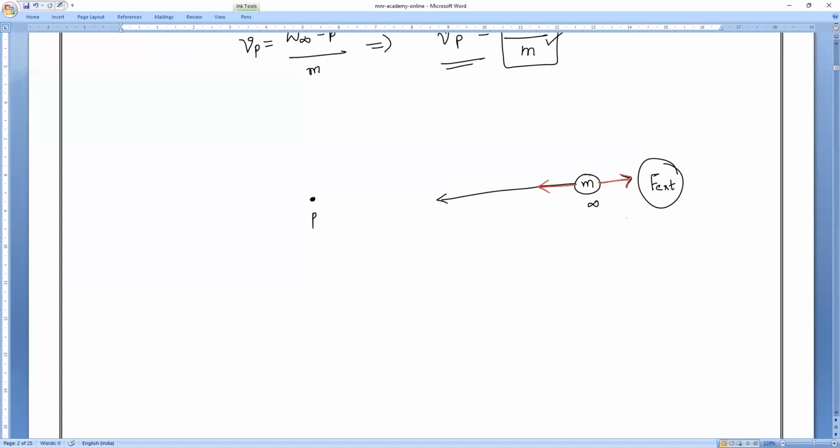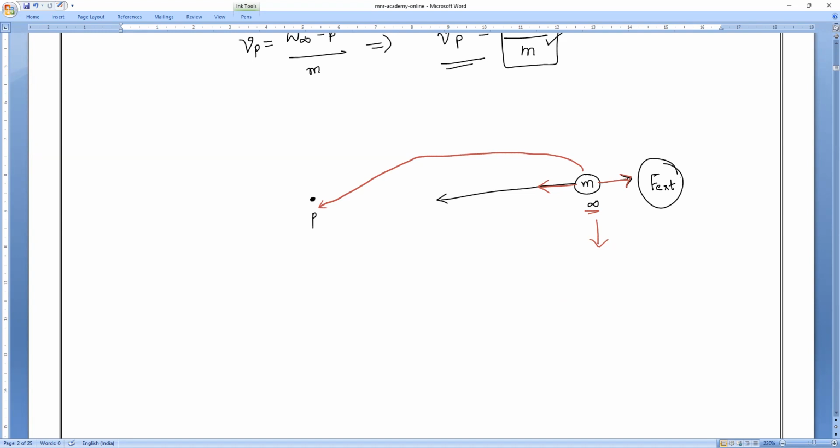If this body started moving from infinity to point P, we all know that a body which is in a state of rest remains in a state of rest, and a body which is in a state of motion remains in a state of motion. Does anybody remember what that is called?